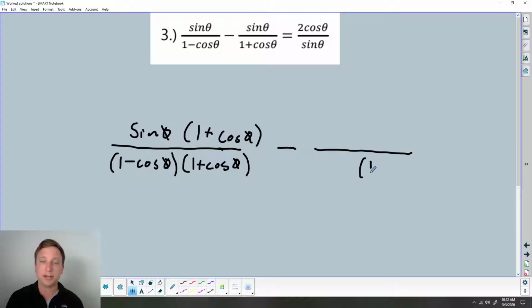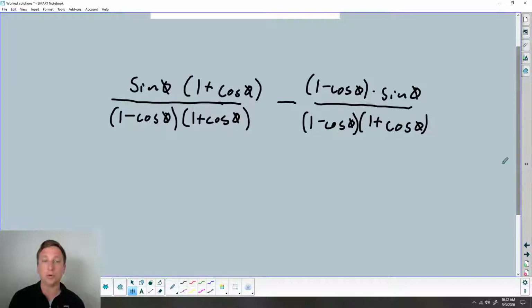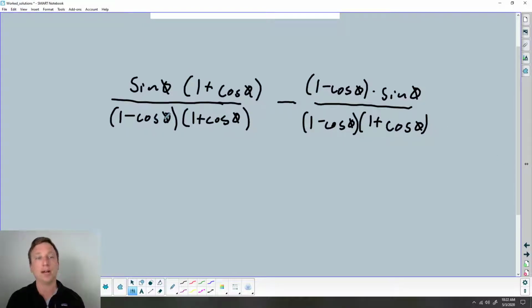I want that 1 minus cosine theta there. So I need to multiply the right side by 1 minus cosine theta, and then we initially had a sine theta there, so times sine theta. And now we're set to go. We have this common denominator of 1 minus cosine theta times 1 plus cosine theta.